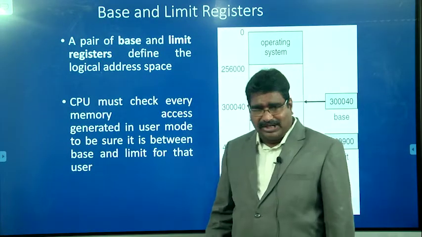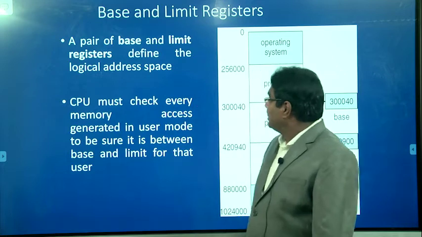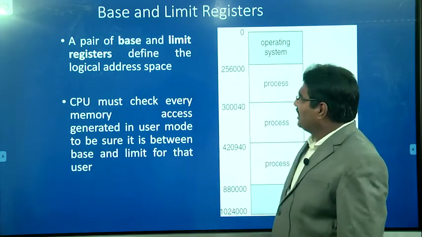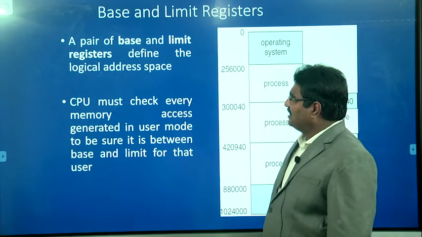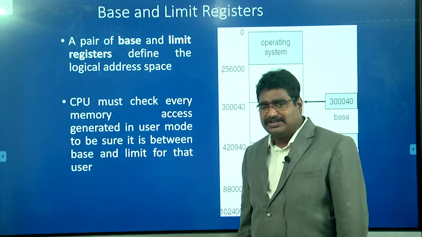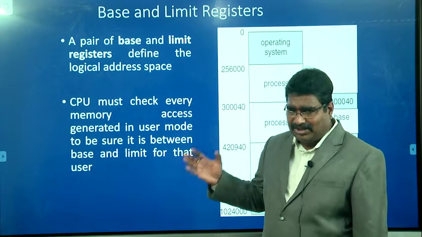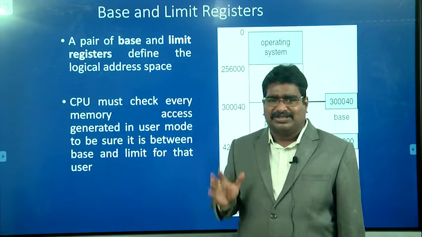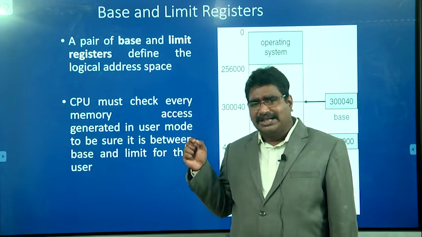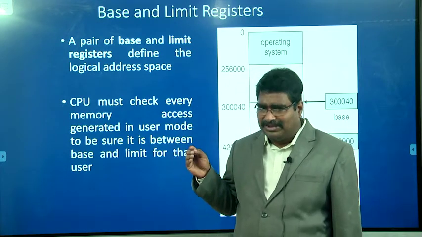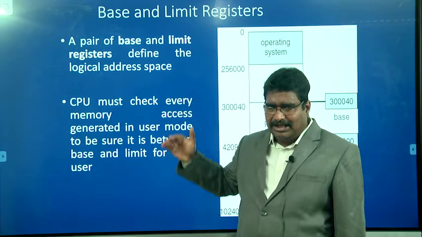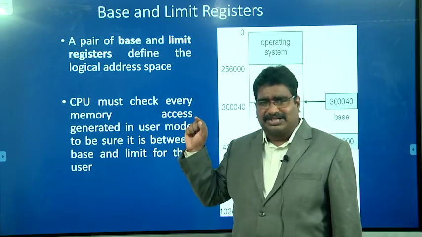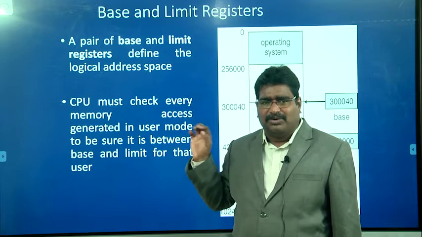And here we discuss the base and limit registers. A pair of base and limit registers defines the logical address space. Here we discuss the logical address as well as the physical address. What is the meaning of the logical address? For example, we assume we have written 100 instructions and each instruction requires 4 bytes, that is, 4 memory locations.